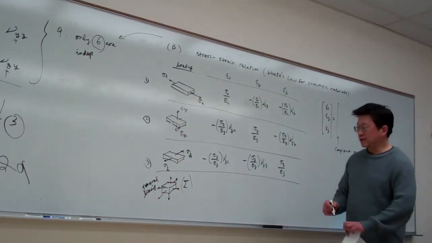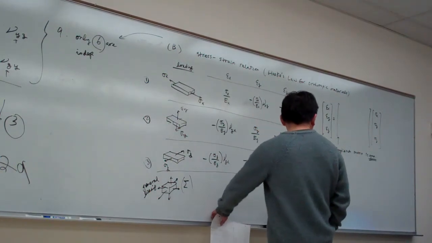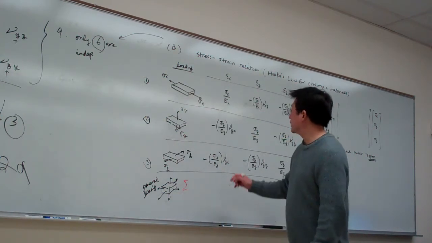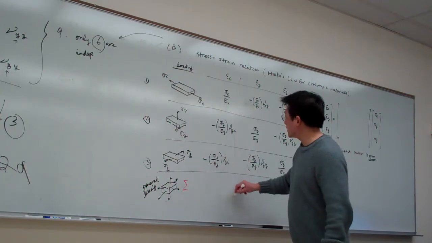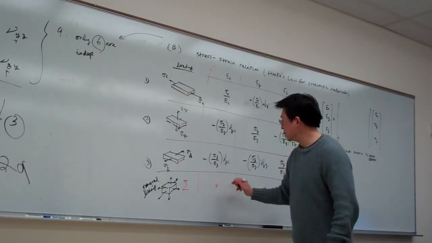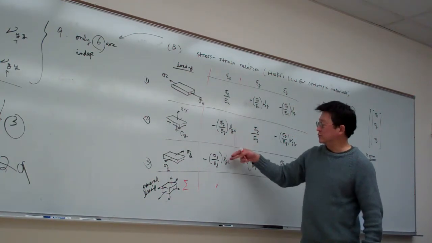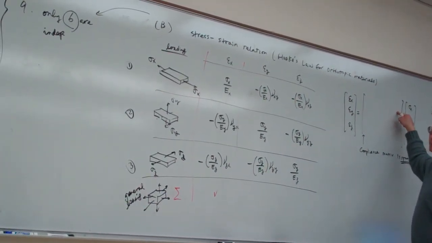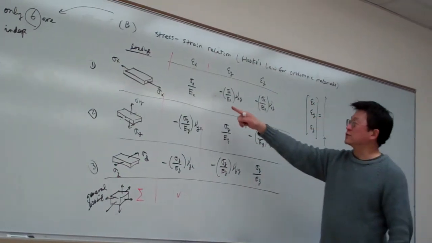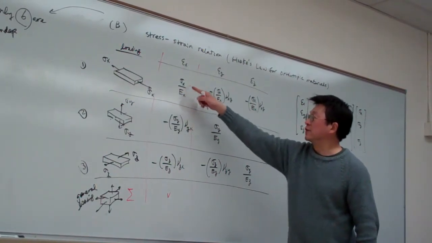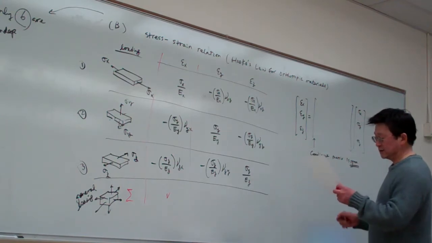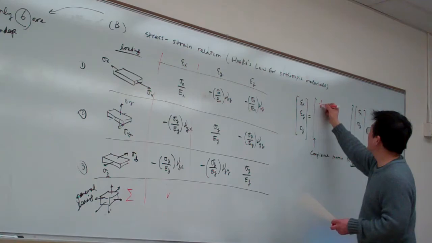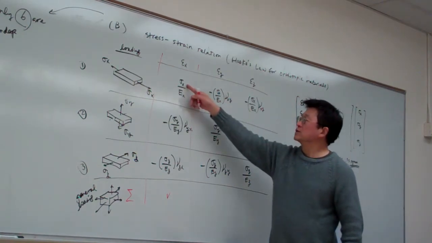So right now we take the summations. Basically I'm going to write out the summation of the three terms that will go to the total epsilon x. So look at this one. The first term is this term multiplied with sigma x, so that will be equal to 1 over Ex, multiplied with sigma x.